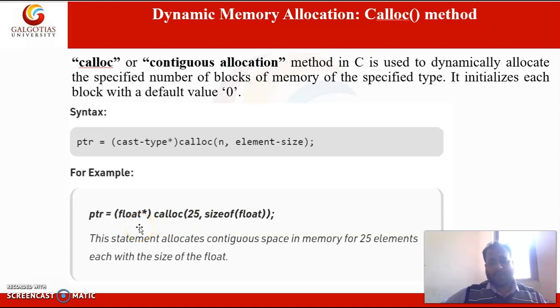As I said earlier, if the 200 memory bytes are not free at that time, then it can return null. And also, upon successful allocation of the memory block, the calloc method automatically initializes zeros to the allocated block.